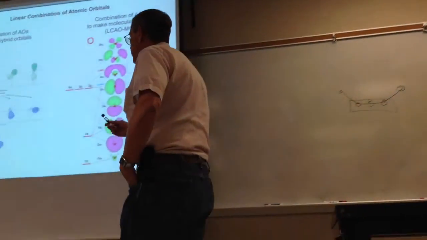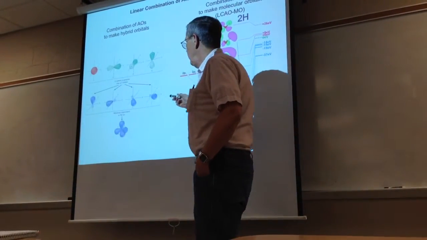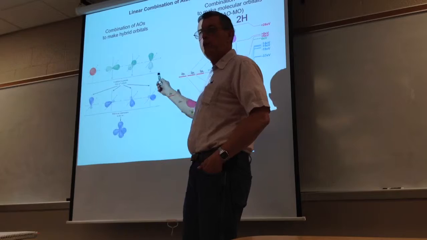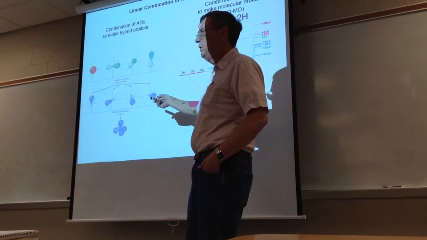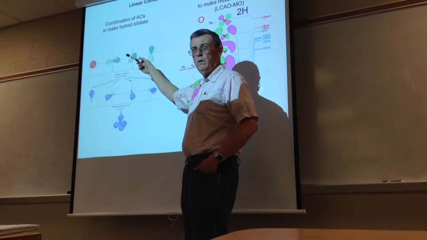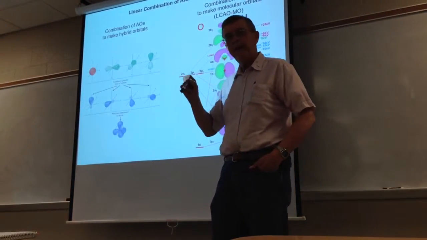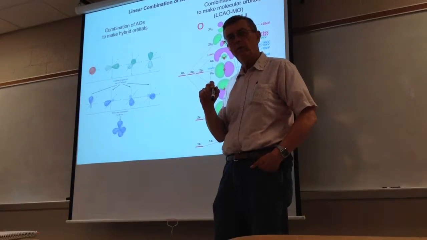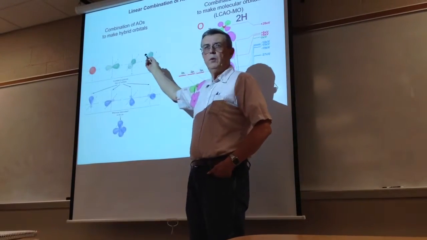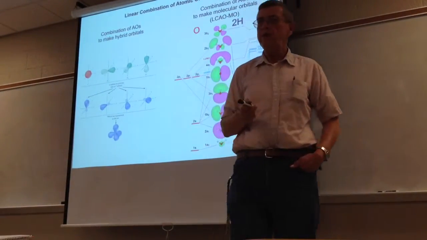To get new orbitals that have different shapes from the atomic orbitals that went in, and point into different regions of space around the nucleus than the atomic orbitals do. Okay. That was hybridization.